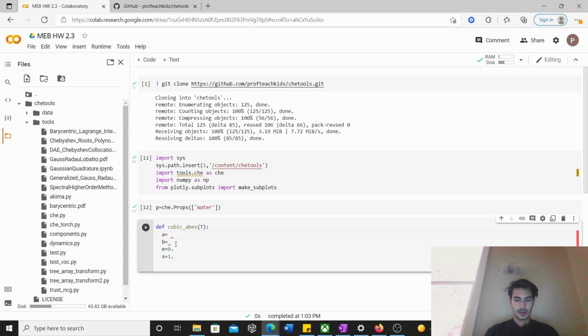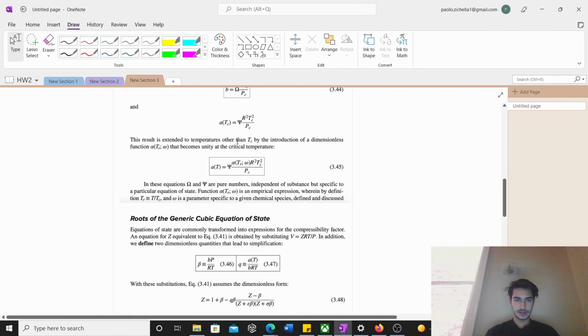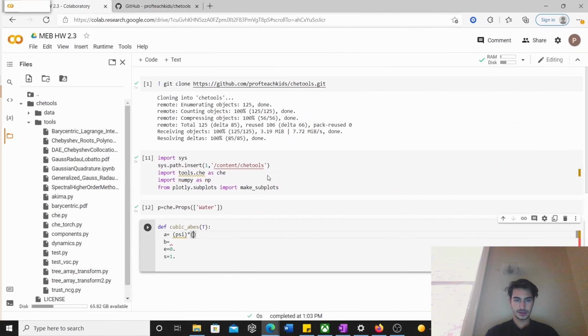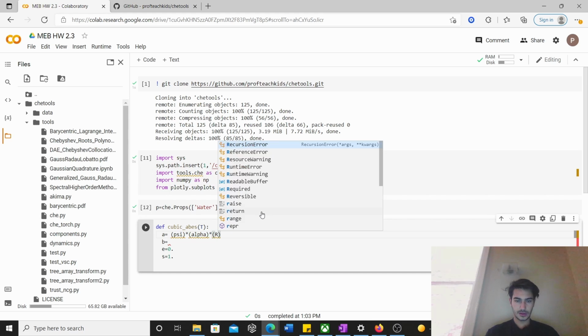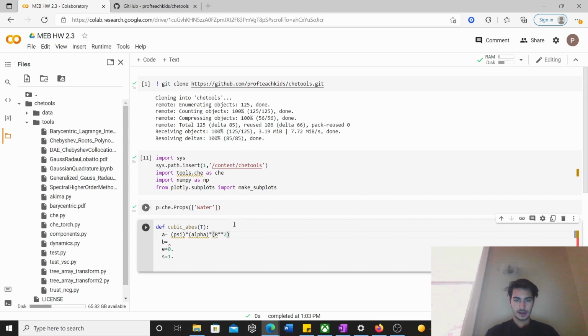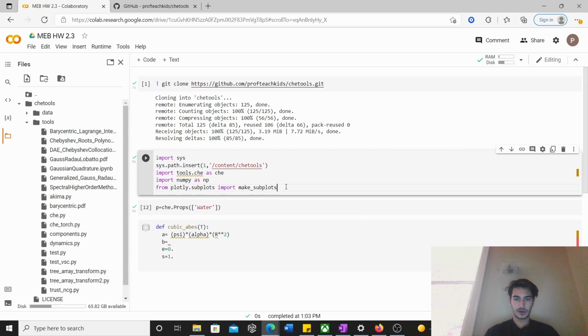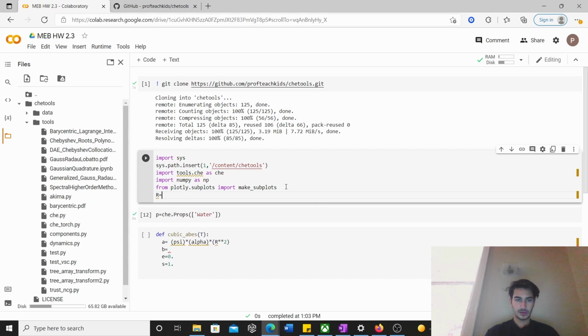So we're going to have A equal to psi times alpha times the gas constant R squared. Then we don't have an R, so we're going to go up here right now and say what the gas constant is.